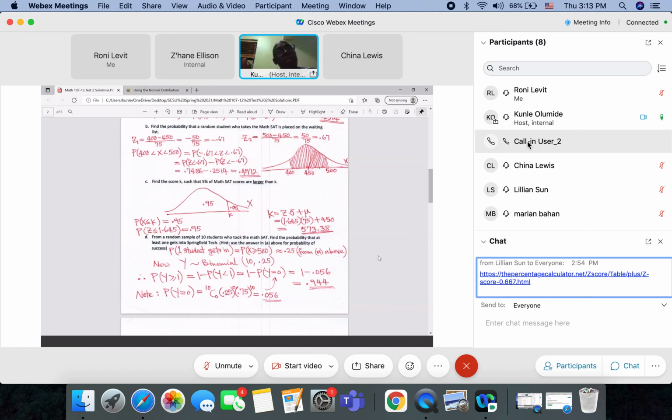But you don't want to do that because it's going to take you forever. Then you go to the other side and do y less than 1, which is 0, and then you subtract from 1 because the total probability must add up to 1. Does that make sense now?